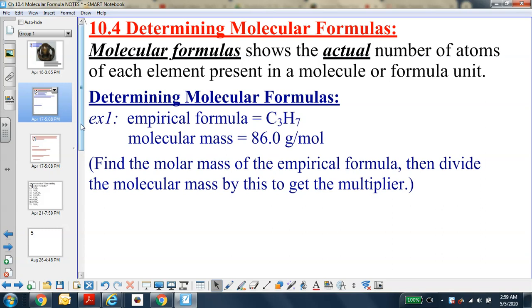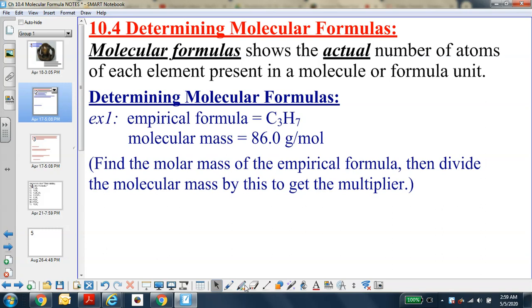So here's what we are going to do. We're going to take our empirical formula, in this case it is C3H7, and we are going to determine the molar mass.